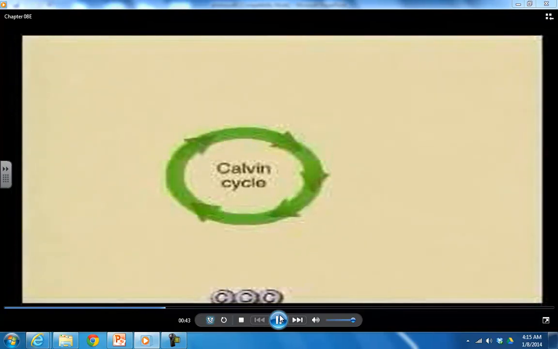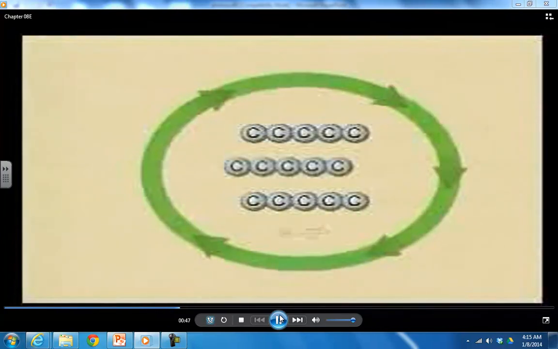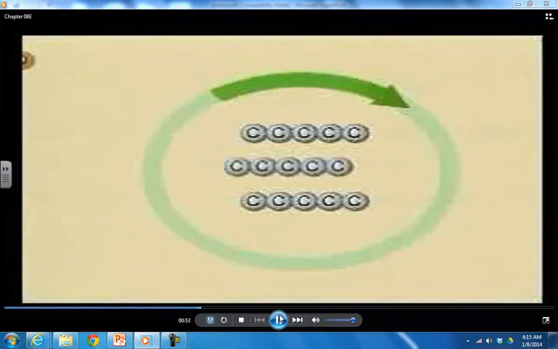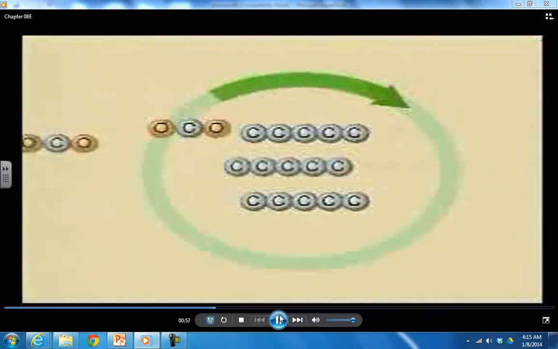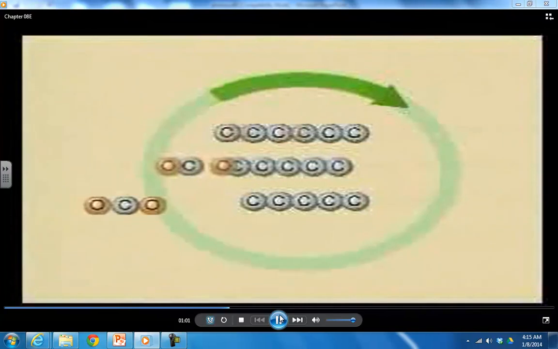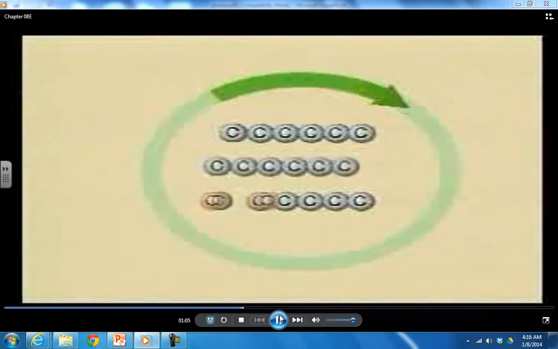The starting compound for the Calvin cycle is a 5-carbon compound called RuBP. During the first step of the cycle, one molecule of carbon dioxide is added to each of 3 RuBP molecules. The plant absorbs carbon dioxide from the surrounding air. The 3 RuBPs become 6-carbon molecules.